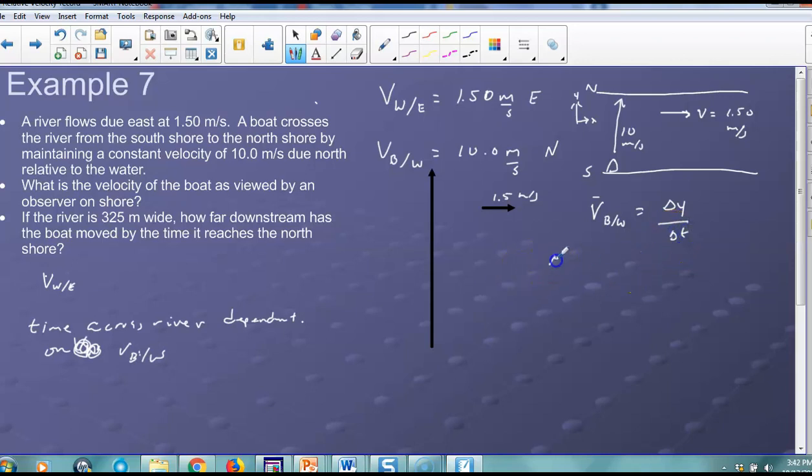So our delta t is equal to the delta y over the velocity that's in the y dimension, which is boat to water. So that's a delta y of 325 meters, divided by a velocity of boat to water of 10 meters per second. That's going to give us a time interval of, let's say 32.5 seconds to get across the river.